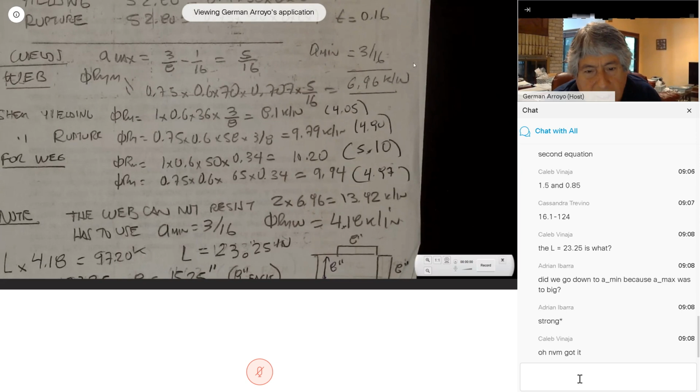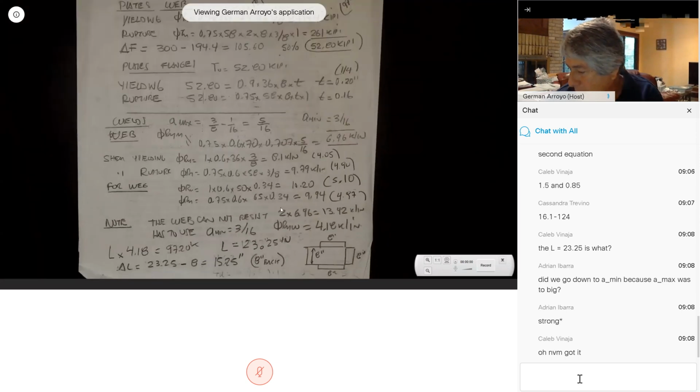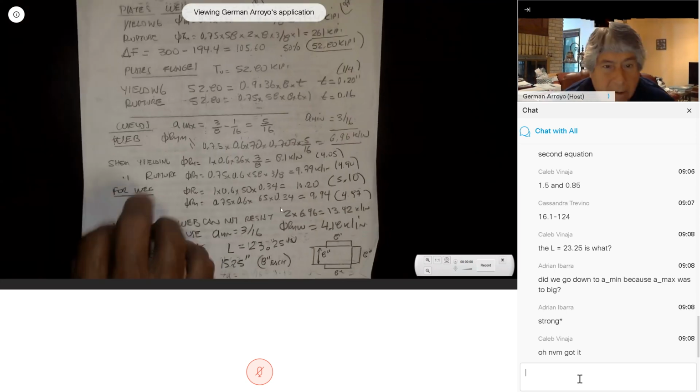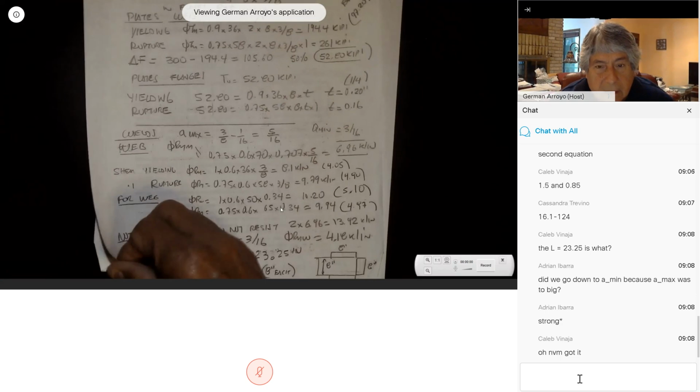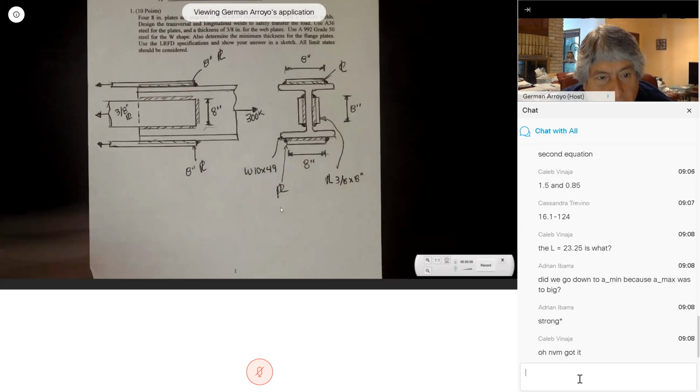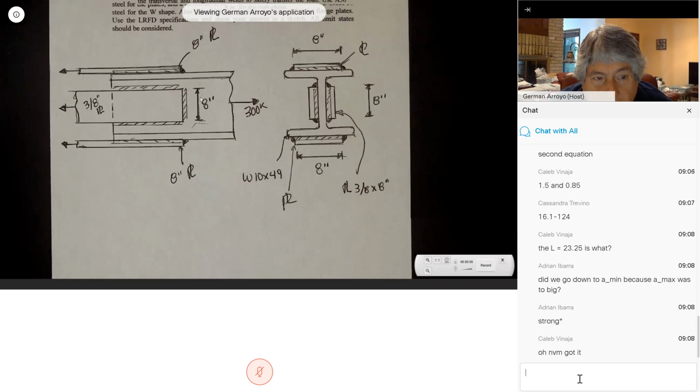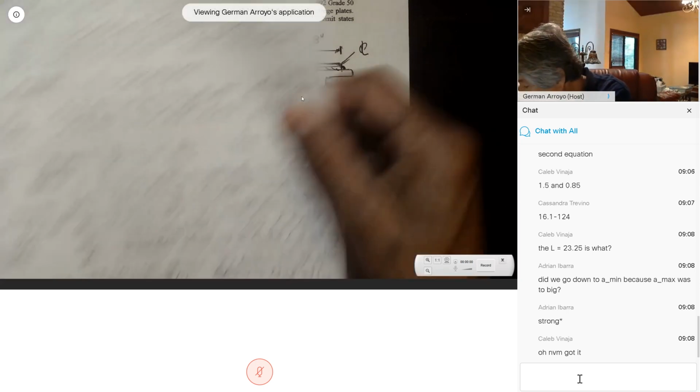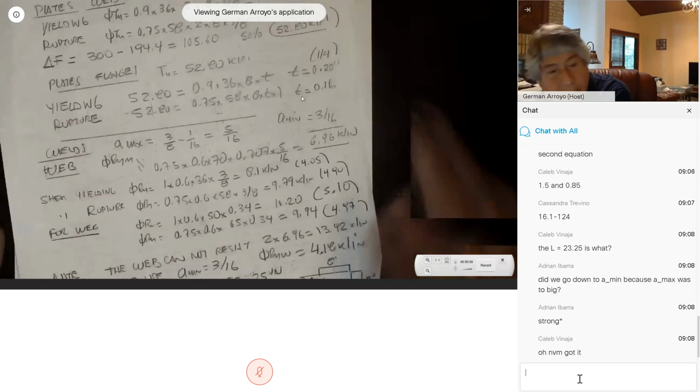However, the web is going to resist the shearing stresses from two plates. So what the web is resisting is 6.96 times 2.